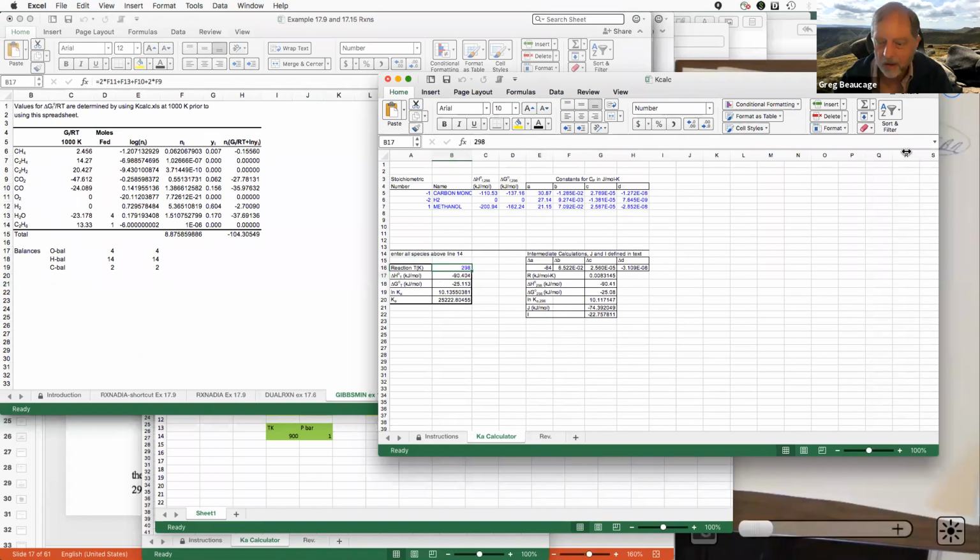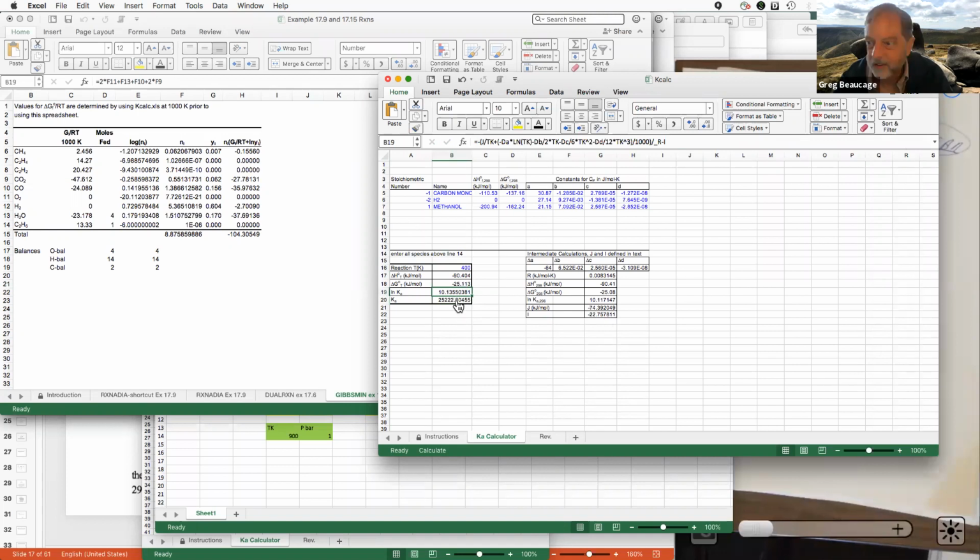Like if you wanted 400, it generates Ka, 2522, from this log of Ka, which is basically the Gibbs sum. Right, so log of Ka is going to be the Gibbs divided by RT.